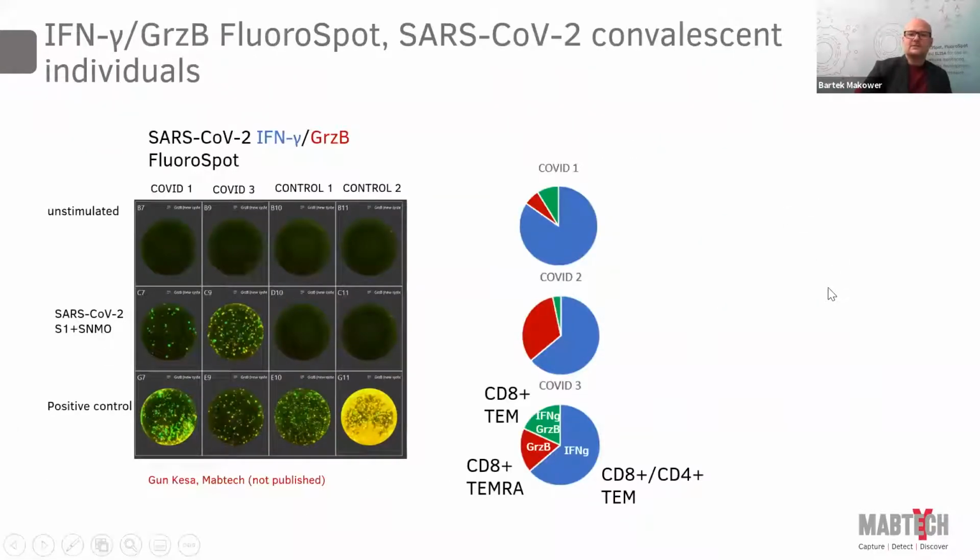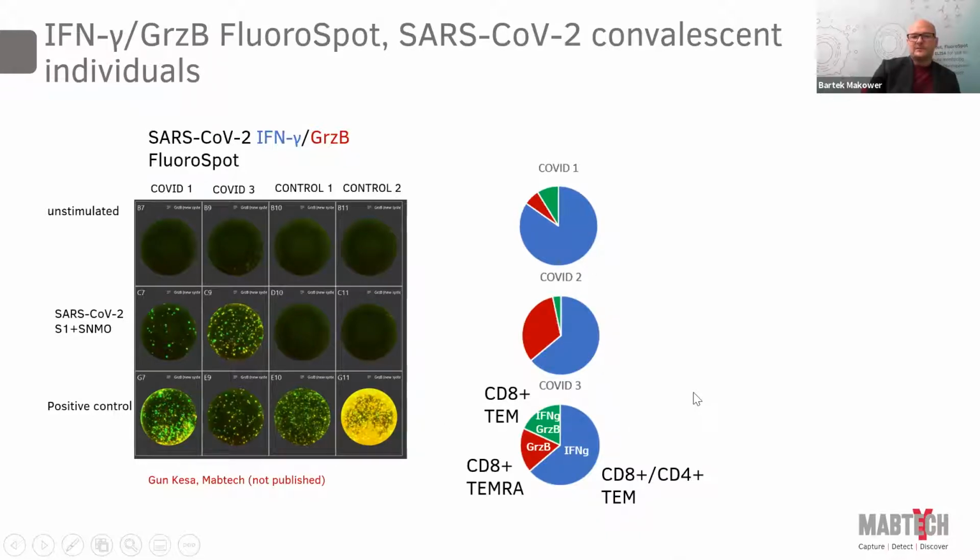Then coming to cytotoxic T cells, which are harder to address using flow cytometry, you can use an interferon gamma granzyme B FluoroSpot. On the left, we have two individuals, unstimulated and stimulated with the SNMO plus S1 pool. They have nice interferon gamma granzyme responses, and the controls do not have antigen-specific responses, and this is a positive control.